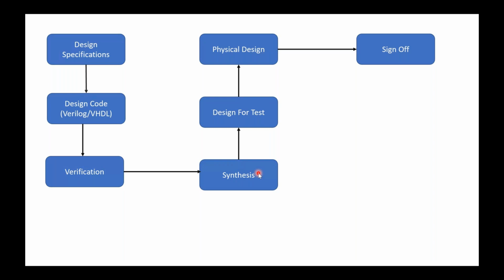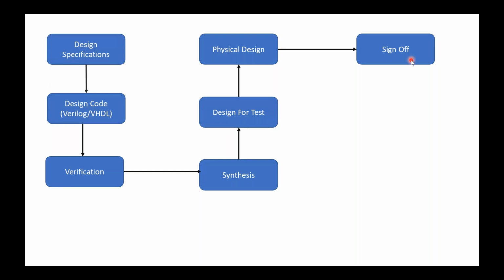Then in between we add the low power strategies, the special cells required for low power design like level shifters, isolation cells, retention registers. And then we add the DFT logic. Finally we check whether the final netlist which we have now is equivalent to the original RTL design. To check that, we go for LEC, which is done by the sign off team.